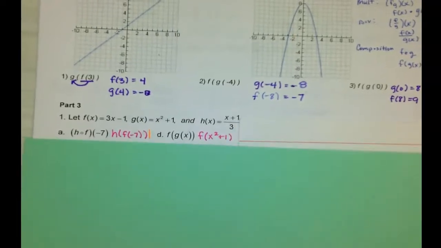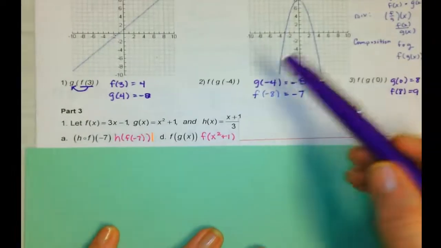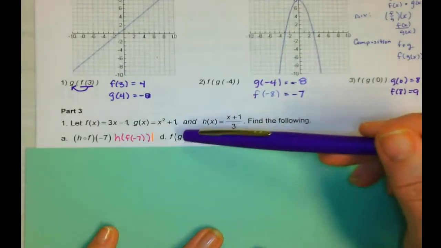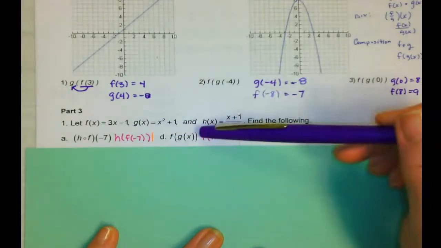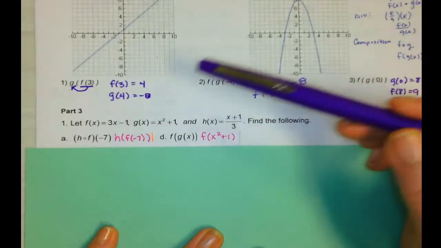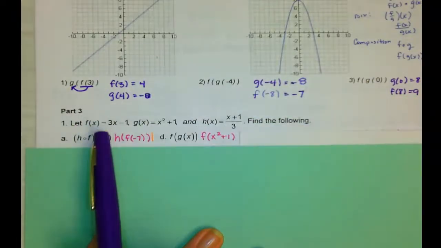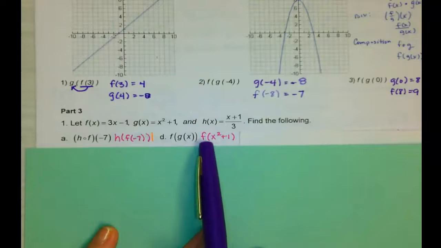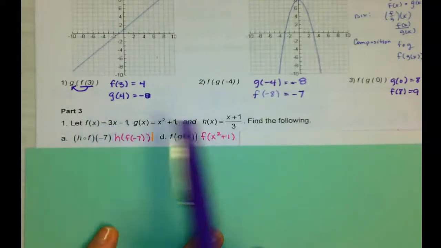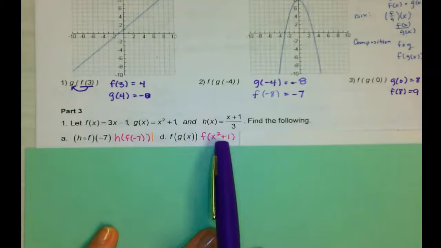So the next one, I'm putting g into f. So I wrote down f, I inserted the function g, and now I'm going to go up here and write down the function f, because that's what this is telling me to do right here. I'm going to leave an open space wherever the x is so that I can substitute what's inside my function right here.